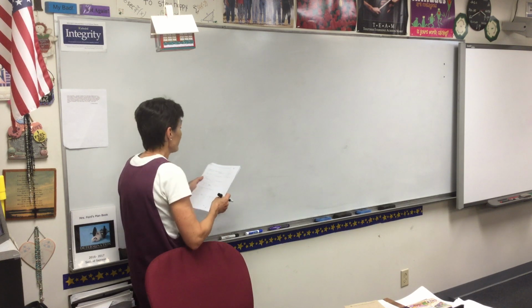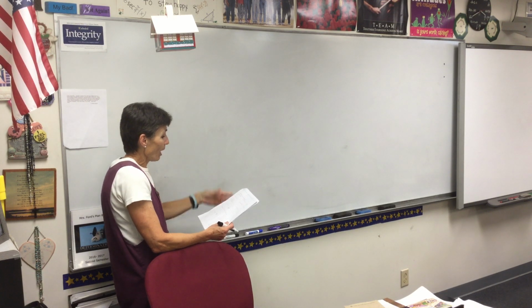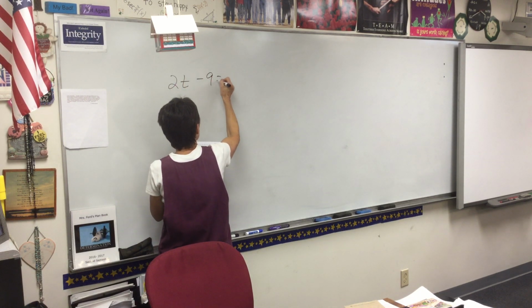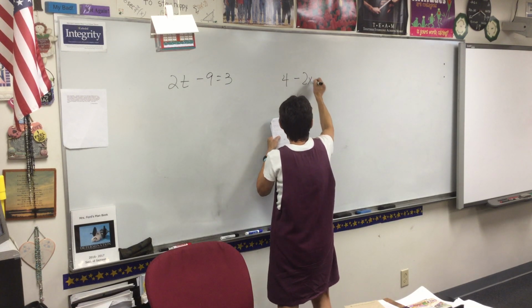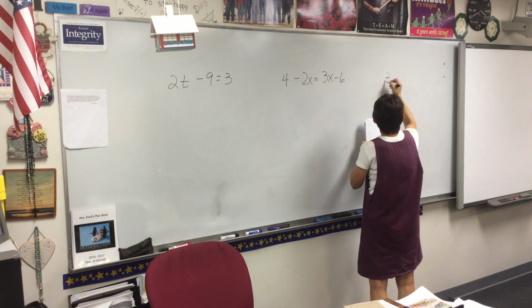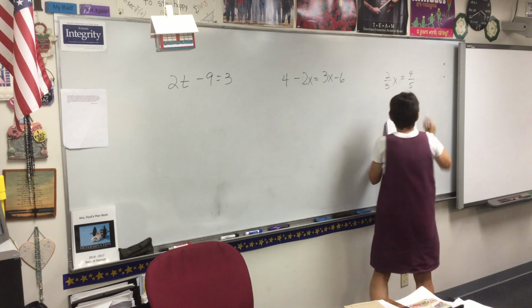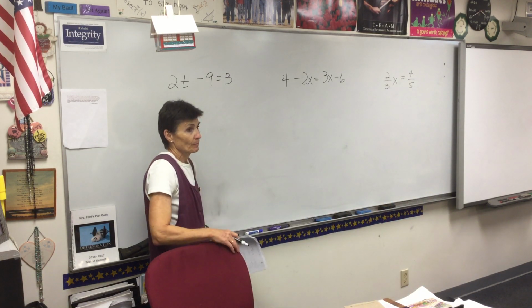All right, now here we are on page 3 of our notes, and we're ready for problem 3, which is just some equations to solve. Now, they are of varying levels of difficulty, so we need to make sure that everybody's comfortable with solving these equations.